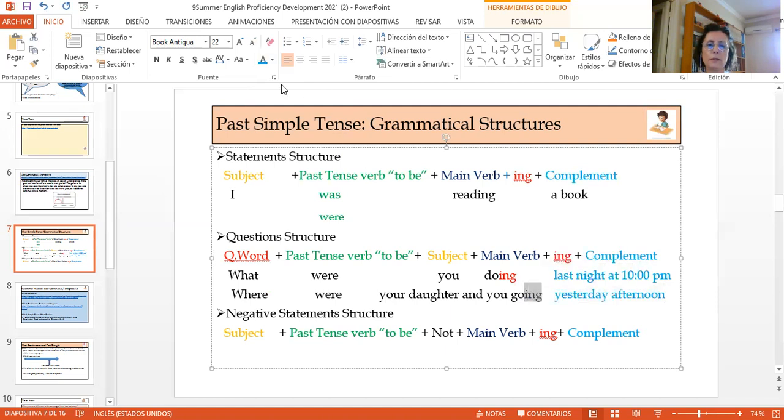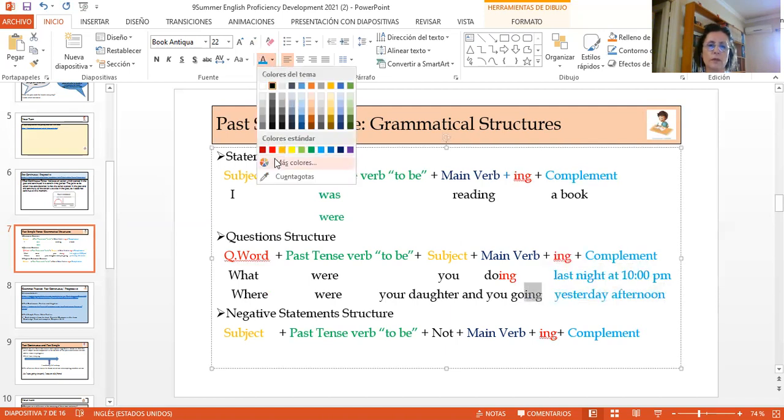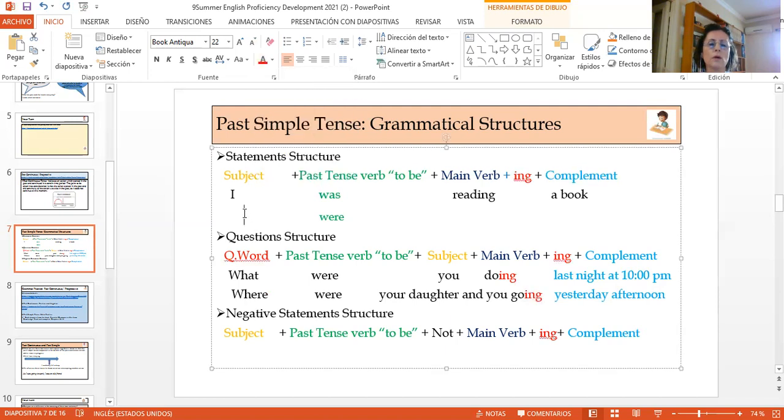So you will answer in the plural. So you will say we. We were. Where were you going? We were going... yes, the main verb is going.